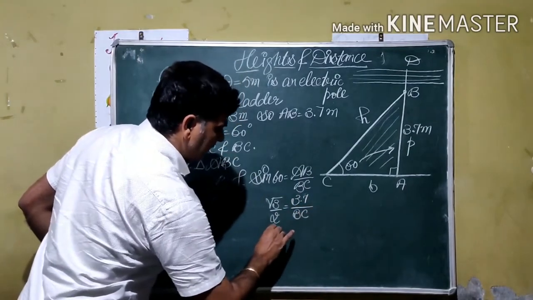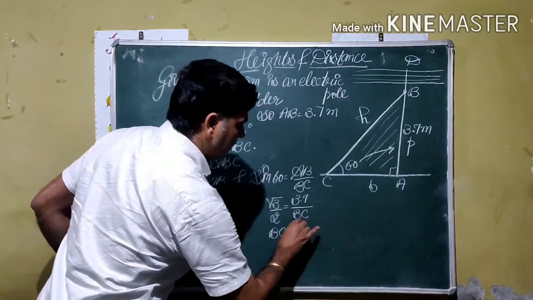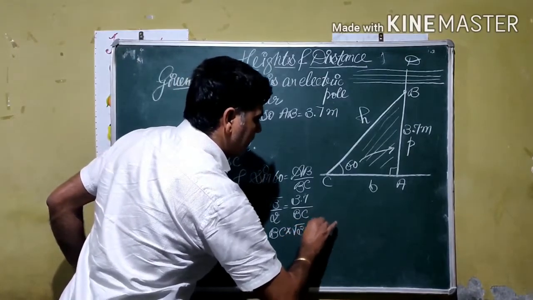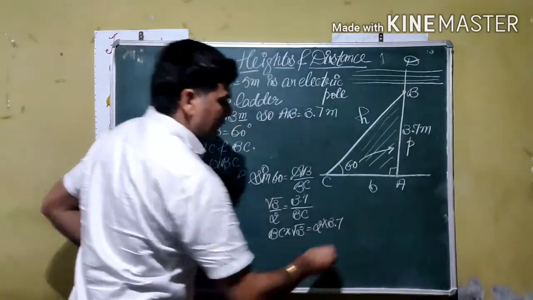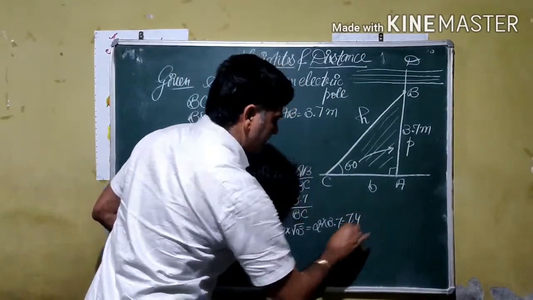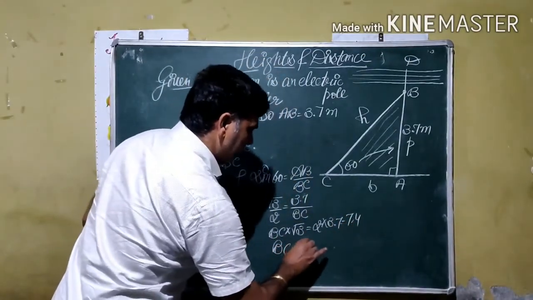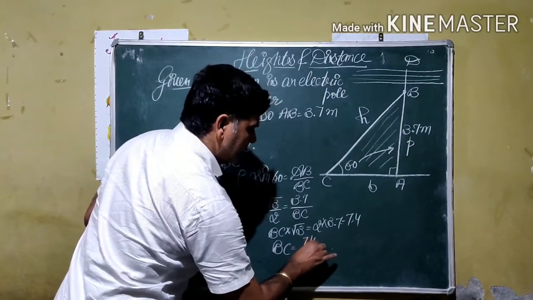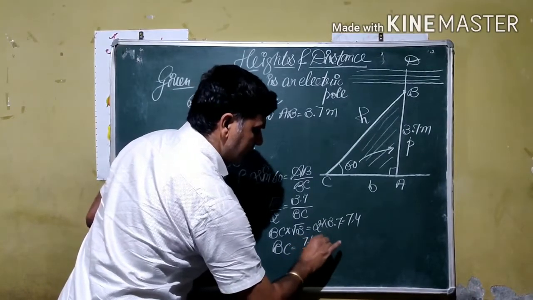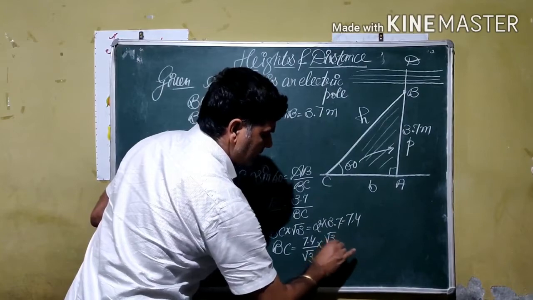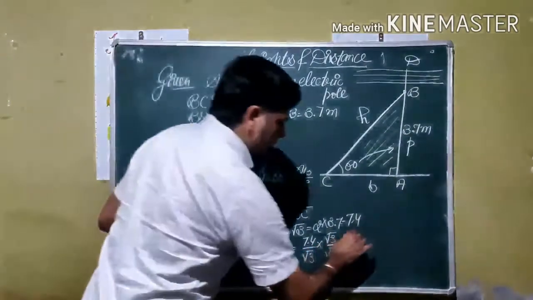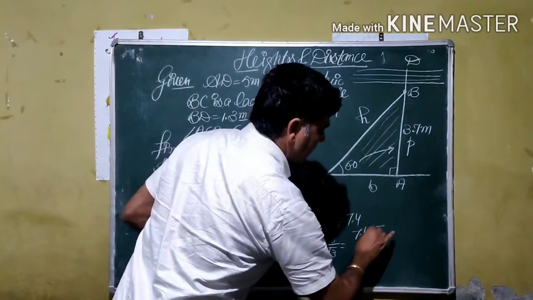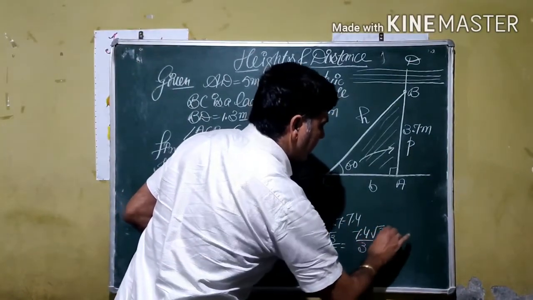So by cross multiplying, BC multiplied by root 3 becomes double of 3.7, which is 7.4. So BC becomes 7.4 divided by root 3. On rationalization, we get 7.4 multiplied by root 3 divided by 3 meter.